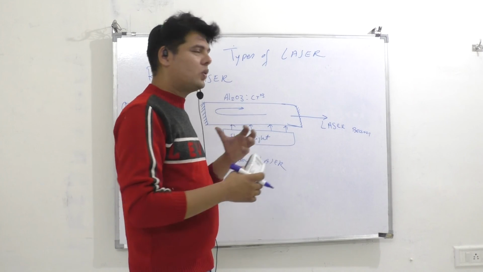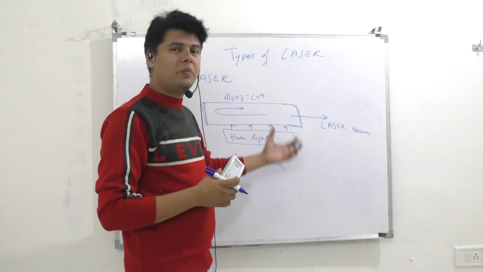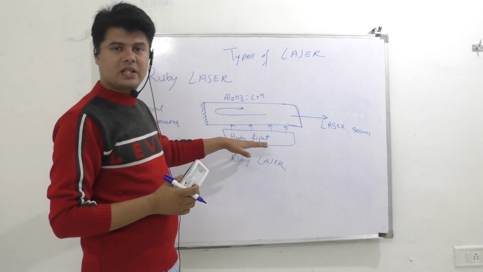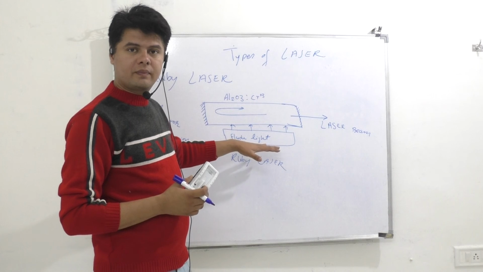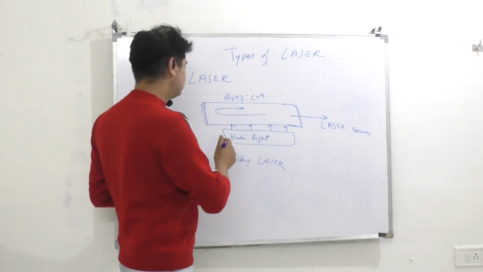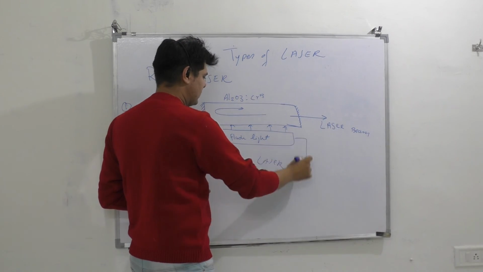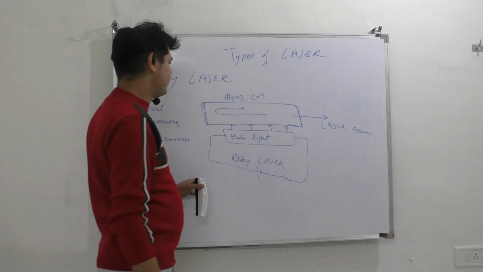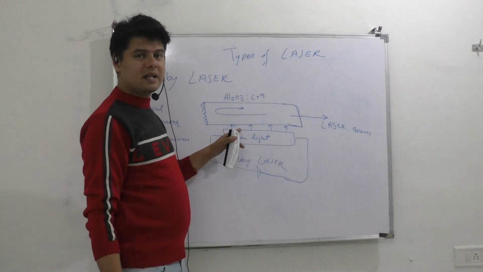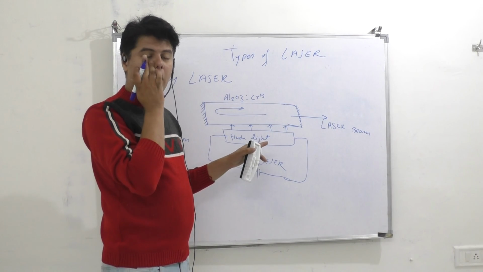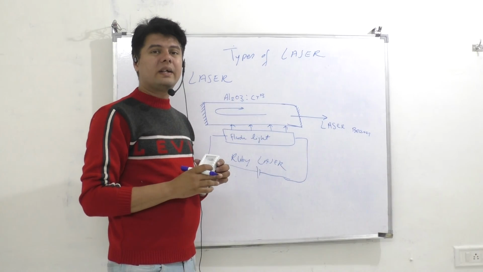So this also happens in the ruby laser whenever we apply the flashlight by means of the battery. This flashlight passes through the ruby crystal where the aluminum molecules get excited.